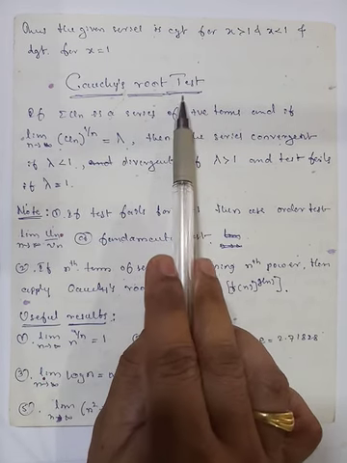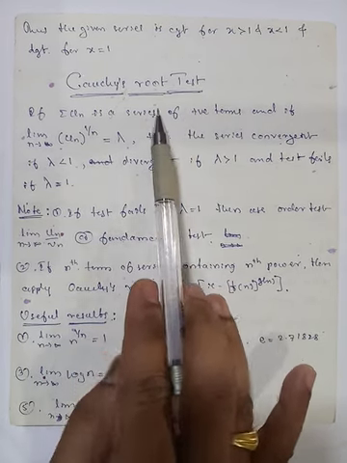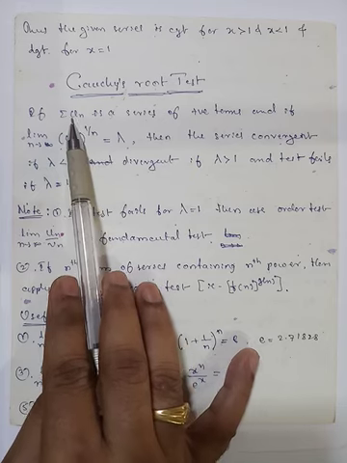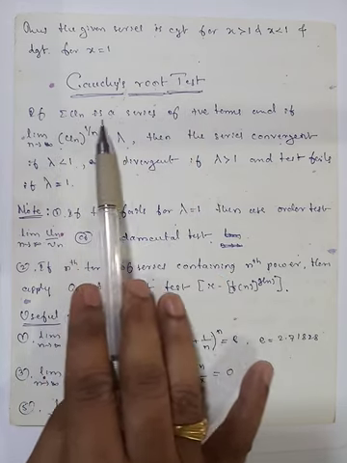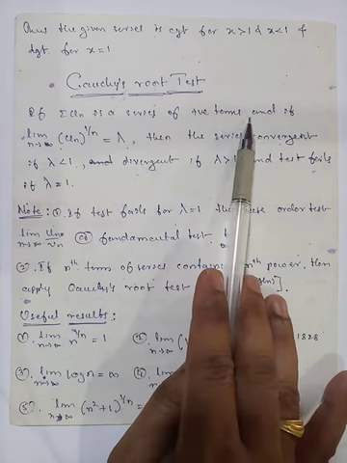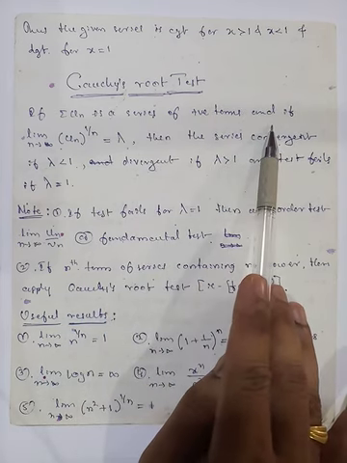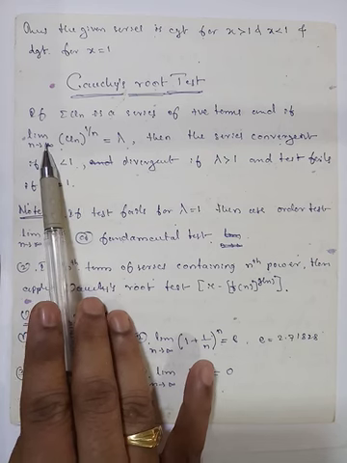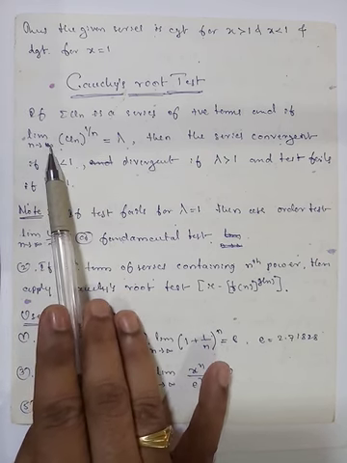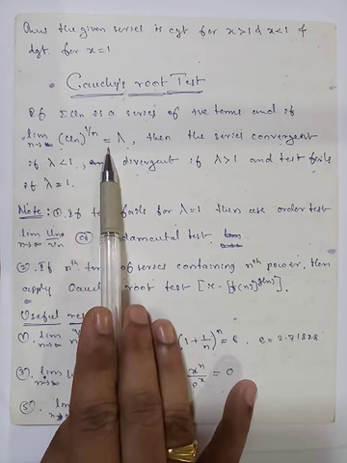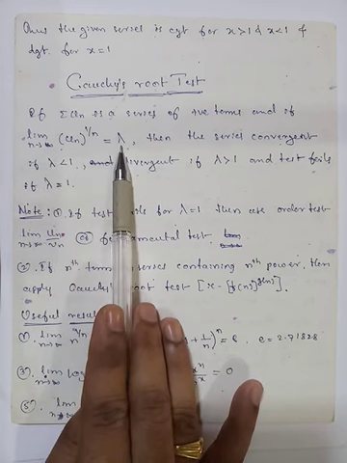Now, how to test whether the series is convergent or divergent using Cauchy's root test? If summation un is a series of positive terms and if limit un raised to 1 by n as n tends to infinity equals lambda.